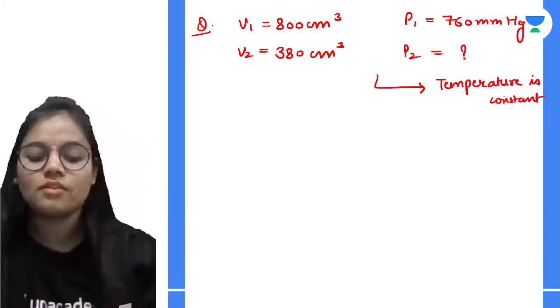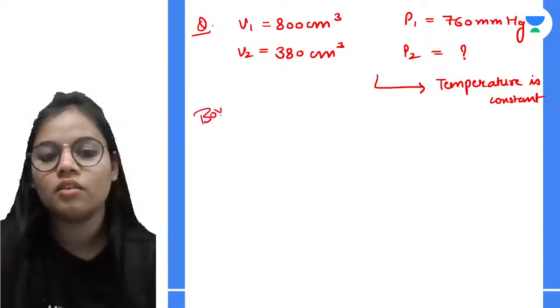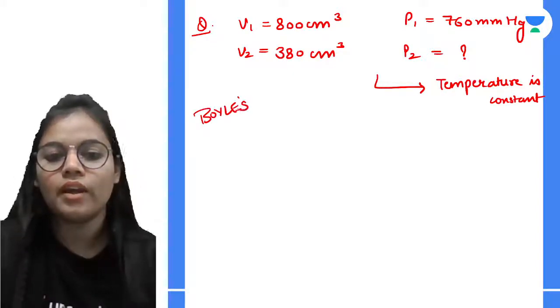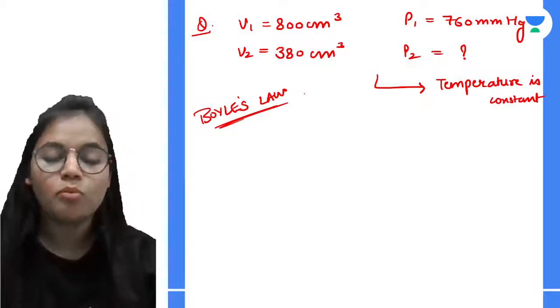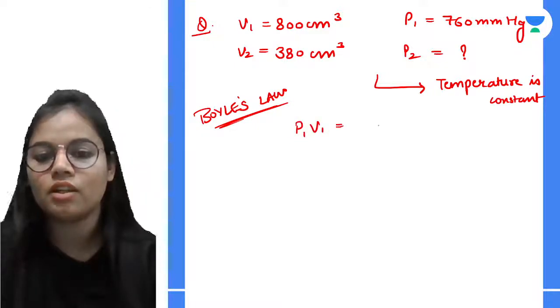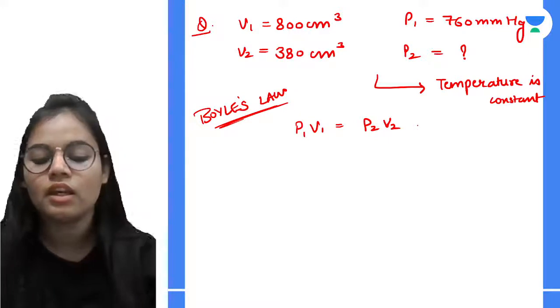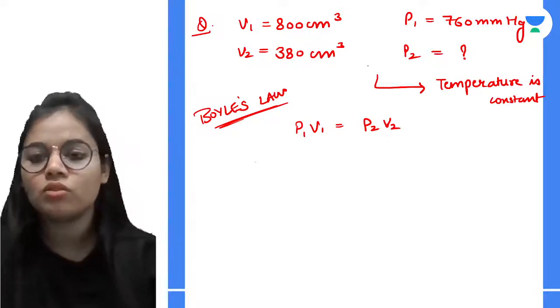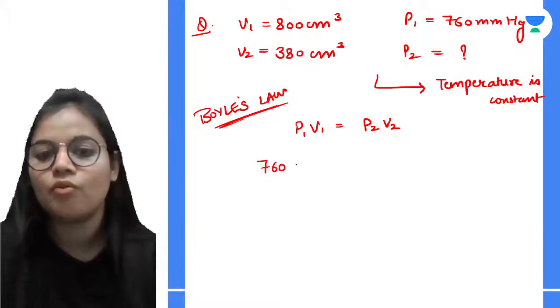Now see students, if the temperature is constant, we will be applying Boyle's law, right? Now what does Boyle's law state? It states that P1 V1 is equal to P2 V2, right? Now what are our values over here? P1 is 760, V1 is 800.